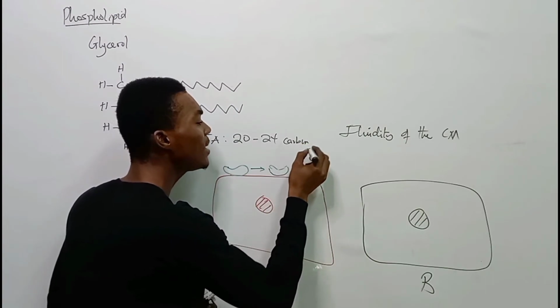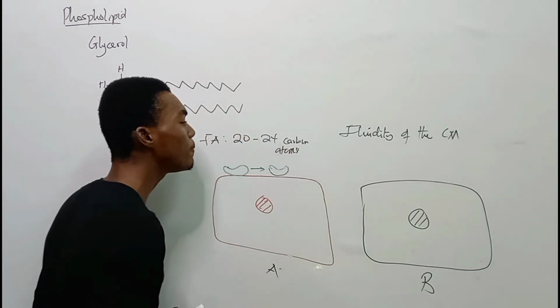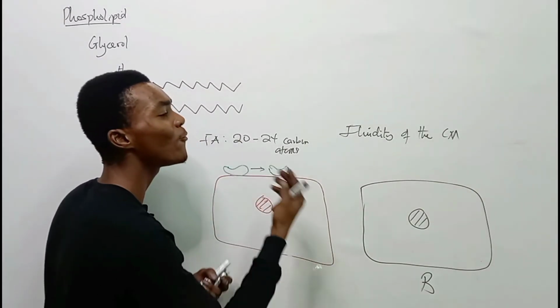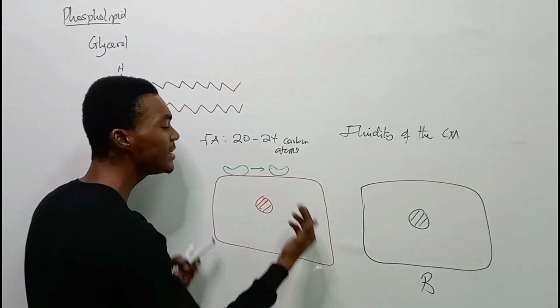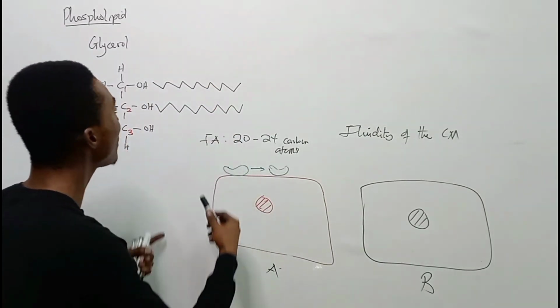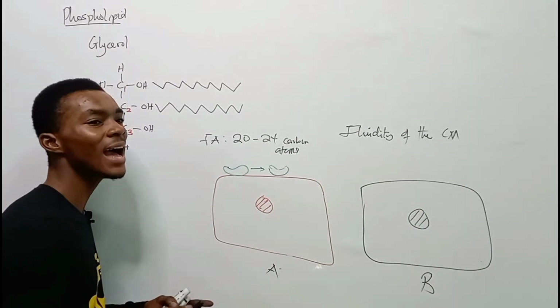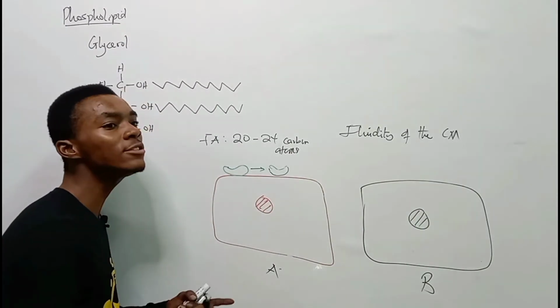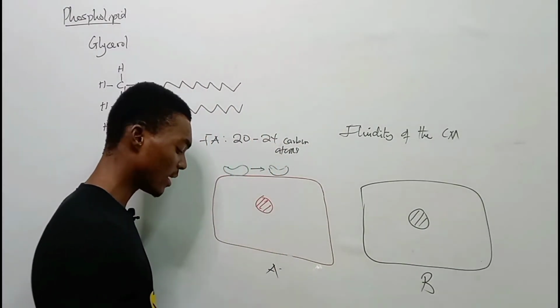You know that the length of the fatty acids is determined by the number of carbons confined in the fatty acid molecule. So in our cell type A cell membrane, the phospholipid structures have their glycerol backbone binding to fatty acids ranging from 20 to 24 carbon atoms. Now, what about the cell type B cell membrane's fatty acids?